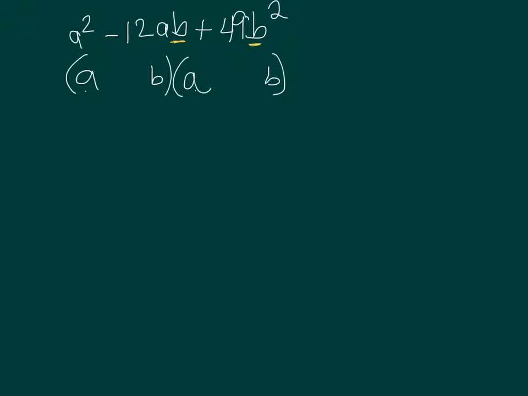Okay? I'm still going to try to find two numbers that when I multiply them together, I get 49, and when I add them together, I get negative 12. Okay, so let's see. So 49. 49 is, let's see, 7 times 7 will give me 49, and negative 7 times negative 7 will give me 49.